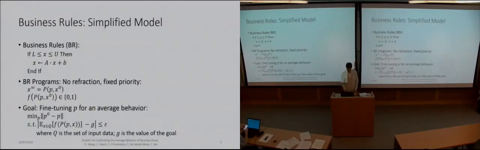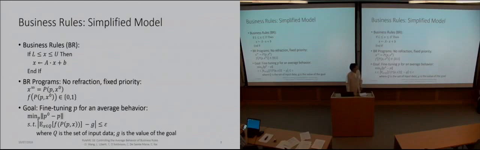So for now, this is a somewhat theoretical work, and I have used a simplified model for business rules. So I'm only looking at linear business rules in the sense that the condition part is only bounding the variable between a lower bound and upper bound, and the action part is only an assignment of a linear function of the variables.